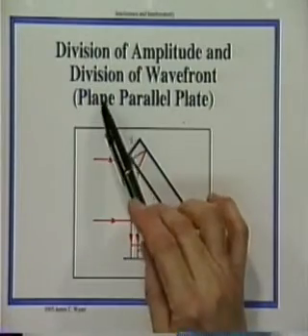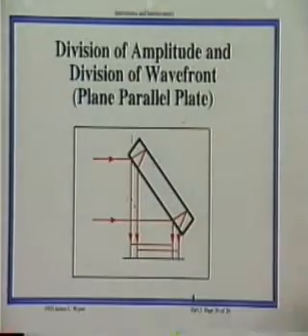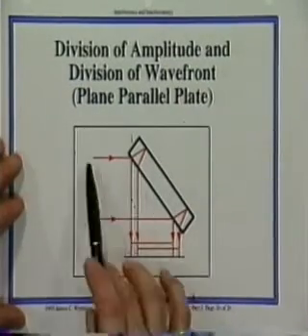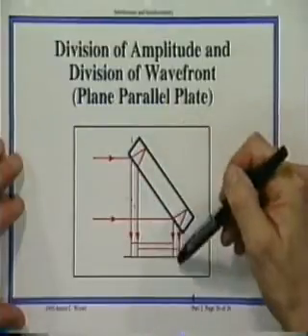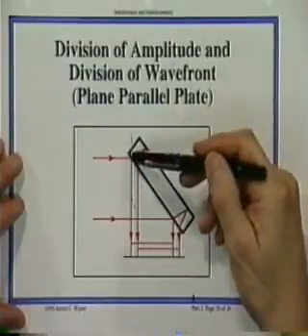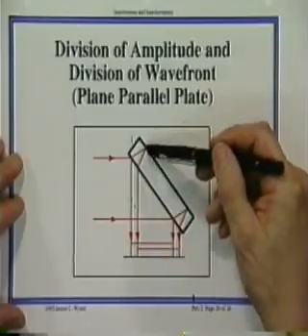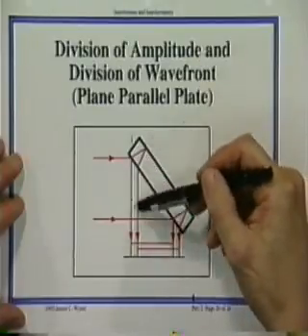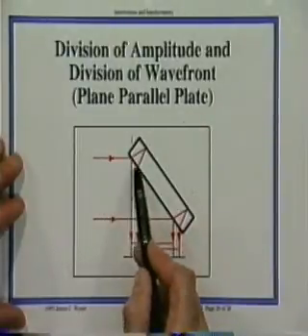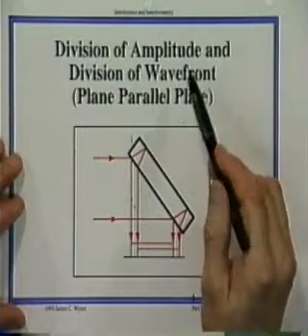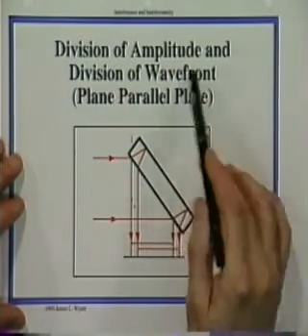In this case, we'll say the two surfaces are parallel and flat. So we have a plane parallel plate. Light comes in, part of the light's reflected here, so division of amplitude. Part of the light's going to go through, and after reflecting off a second surface, will come out down here, and it's going to interfere with a beam that came here, down here. So again we have both division of amplitude and division of wavefront.